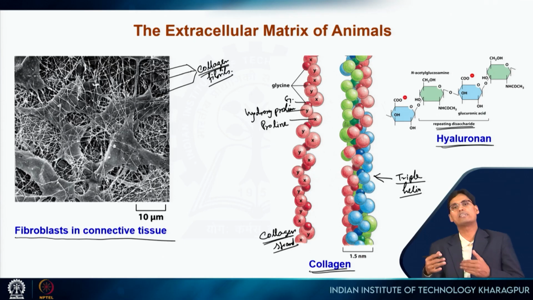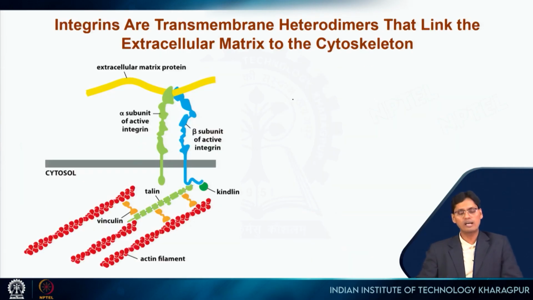It keeps repeating in this way, and that is the major feature that gives us a lot of mechanical strength and support in our tissues. So, this is about our extracellular matrix, and I believe this is the last slide.